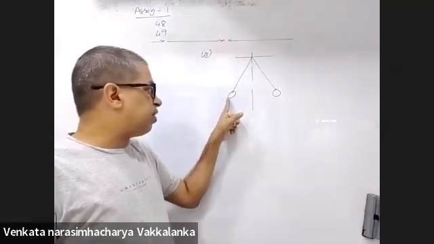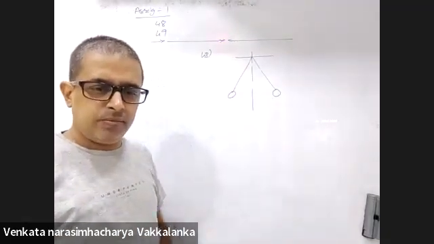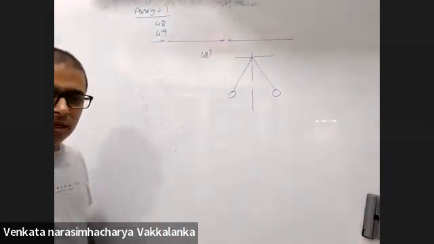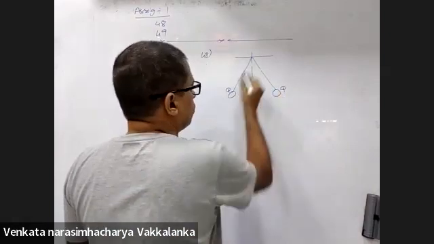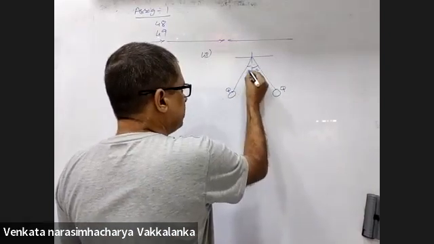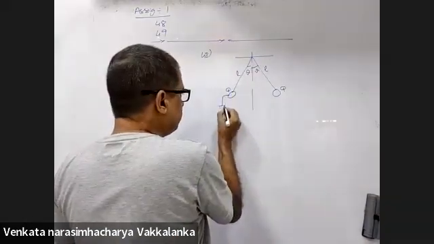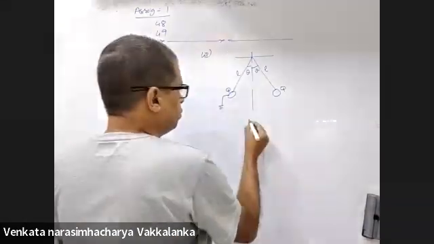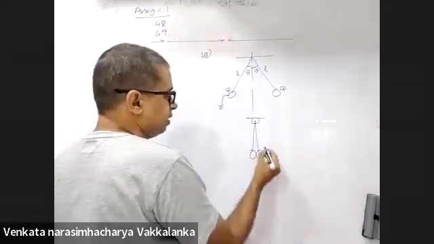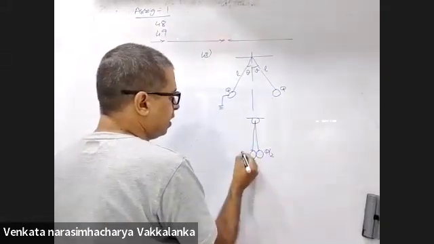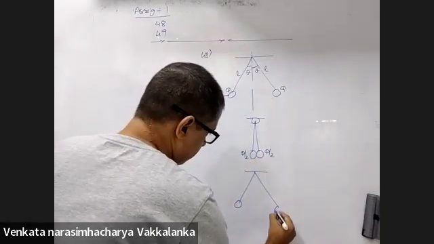When you remove the charge from this, it will come in touch with the other one, which was originally Q and Q. This angle is some theta and theta, and this is L. You have grounded this one, isolated. So now they both will come in touch with each other. This will become Q by 2, and this will become Q by 2. Now again they will come to a deflection.